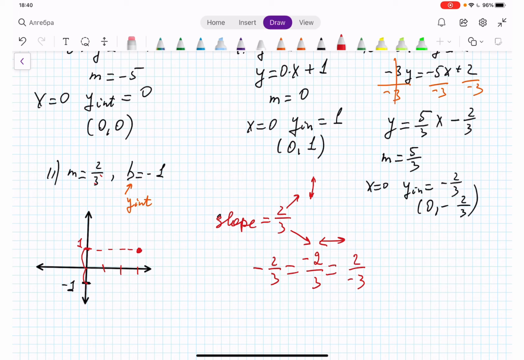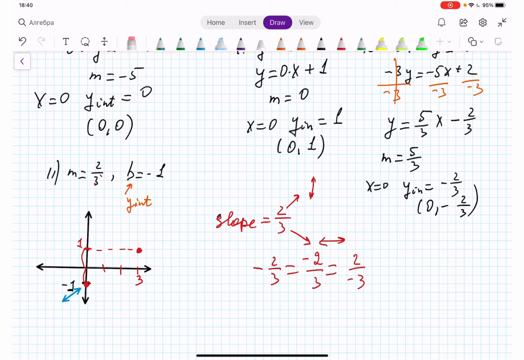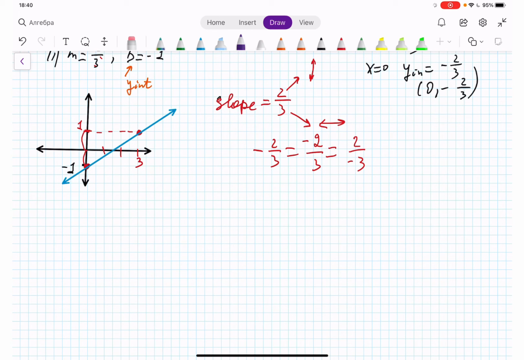I'm coming right here. So those are my 2 points. One is your intercept, and the other point will give you your slope. So the graph is going to look like this. Question number 11.